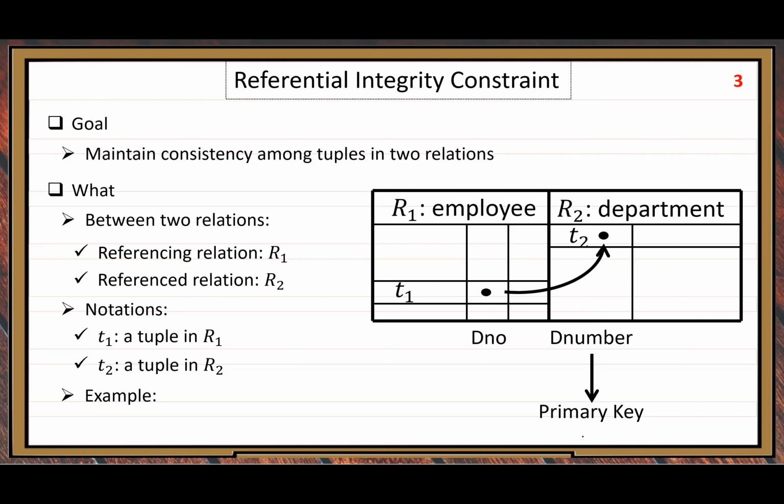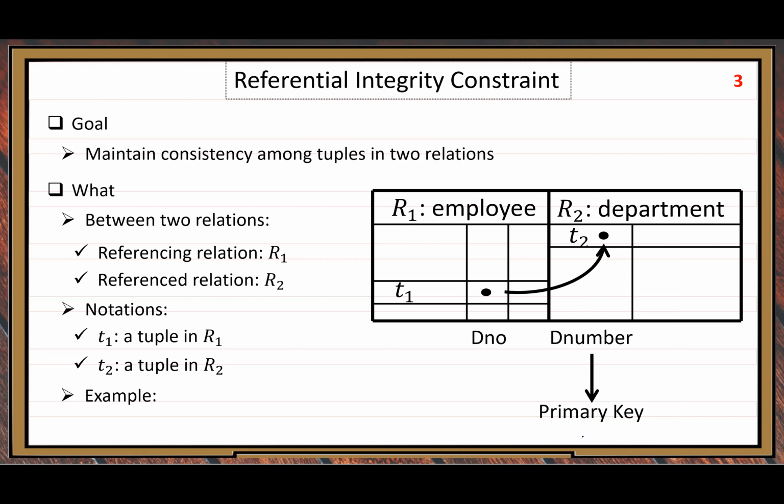So you know, consistency here. This arrow pointing to that means consistency. We have to maintain this, called referential integrity, the consistency.